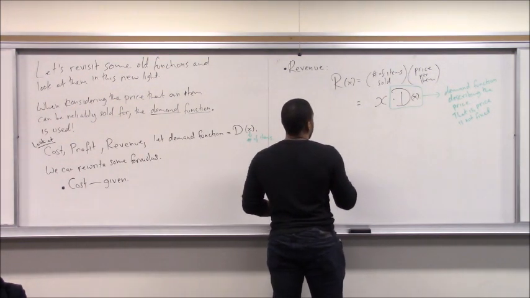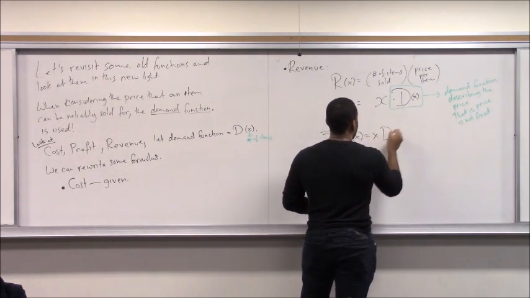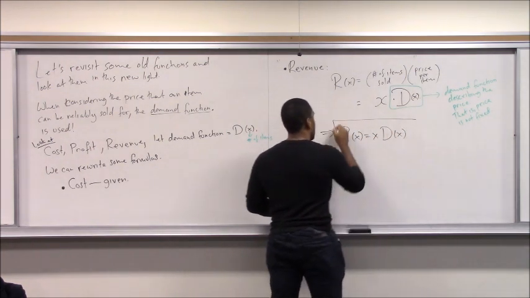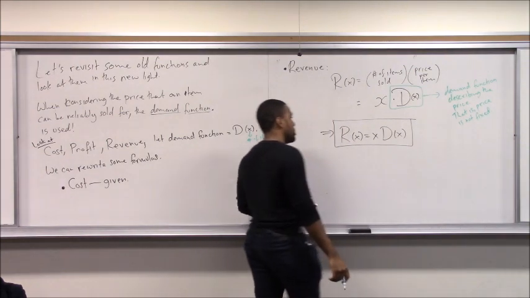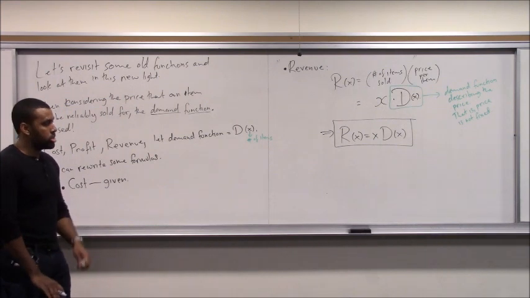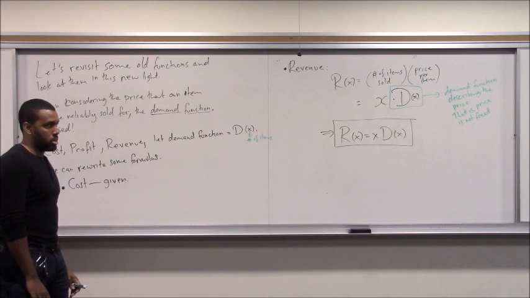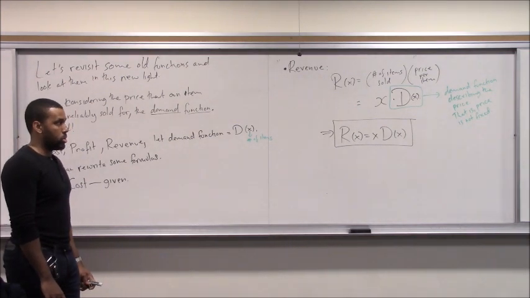So that's another way we can think of the revenue function here. It's just x times the demand function. So you can think about x times p if your price is not changing, we're always charging this price. But if your price could change, which might be described by a function, then you use that equation.